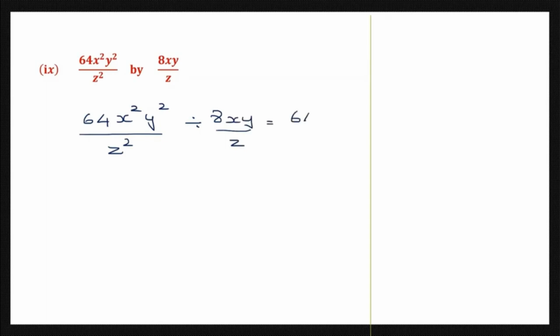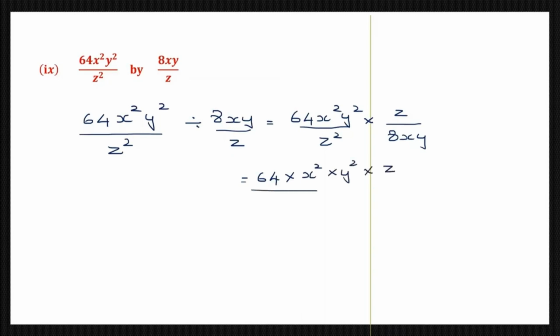So 64 x square y square divided by z square into, write the reciprocal, z by 8xy. So that becomes 64 into x to the power of 2 into y to the power of 2 into z in our numerator, and down we have z to the power of 2 into 8 into x into y.